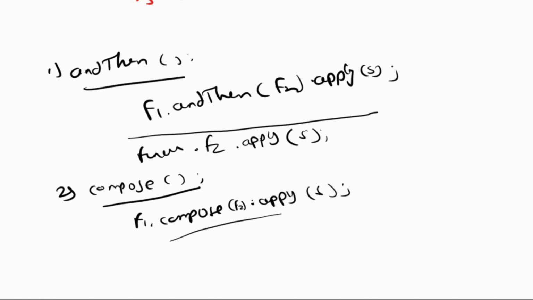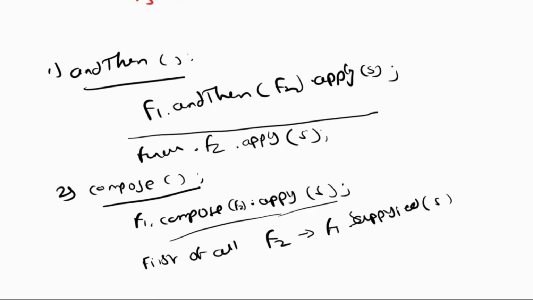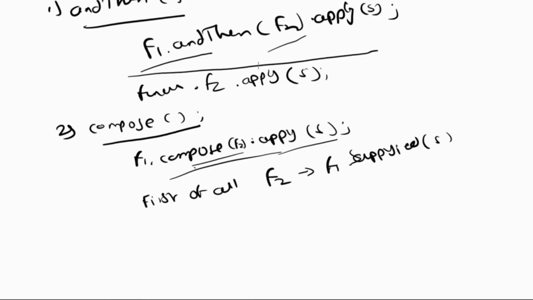So the working of the compose method is like, first of all, F2 will be executed. After F2, F1 will be executed on yes. So F1 will compose the output of F2. That's the working. And in case of the andThen method, first F1 will be executed and then F2 will be executed. I hope you got the idea how andThen and compose, or functional chaining, work.